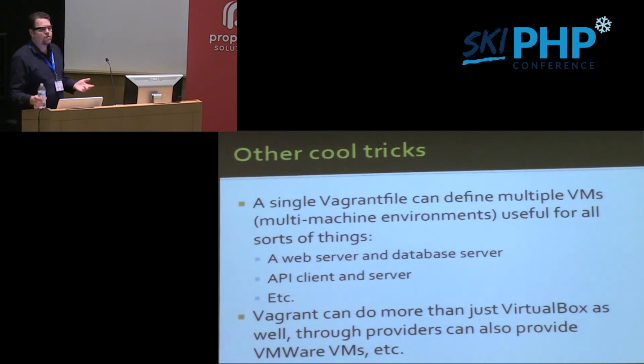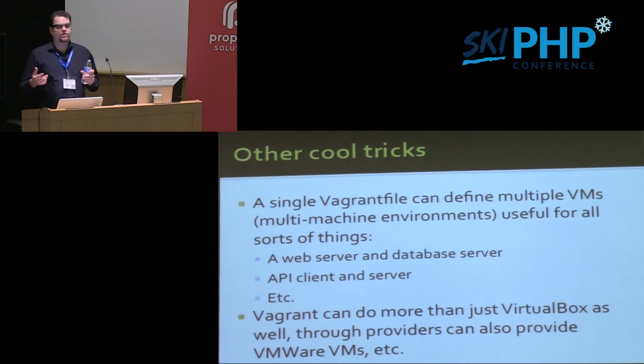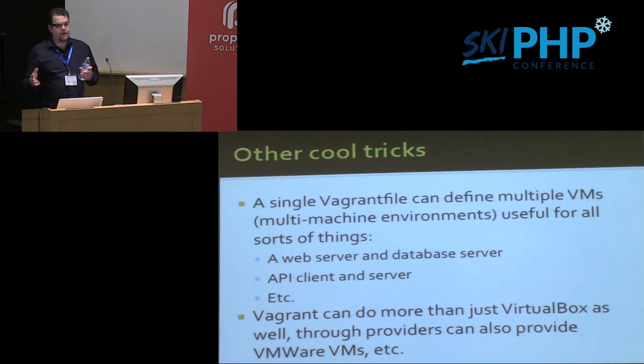So a couple other cool tricks. If you go look at the Vagrant documentation, it gives you an example of how to create, like I said, multiple virtual machines with a Vagrantfile, which is nice if you literally want to have a separate virtual machine for your database versus your web server. You actually want to test and make sure that it's making the connection across the boxes, or whatever the case may be.